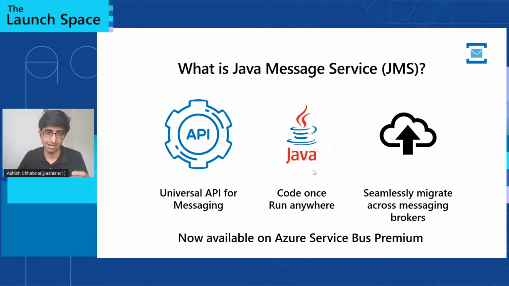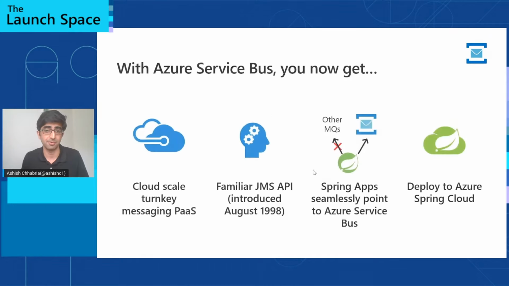Well, the news today is that we now have this available in Azure Service Bus Premium. What this means is that with Azure Service Bus, you get a cloud-scale turnkey messaging PaaS. We are available in all Azure regions, globally deployable, and you can have high availability and disaster recovery built in.